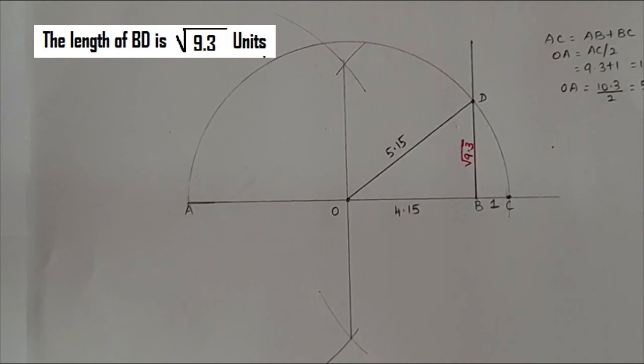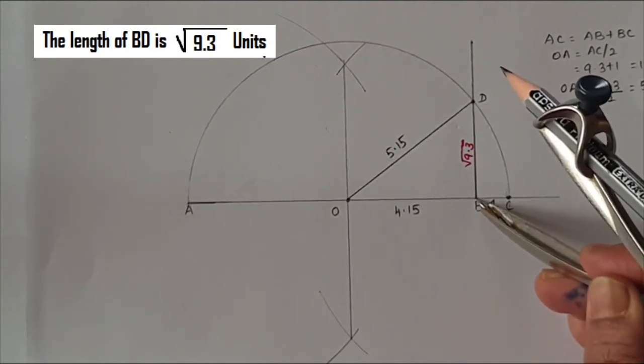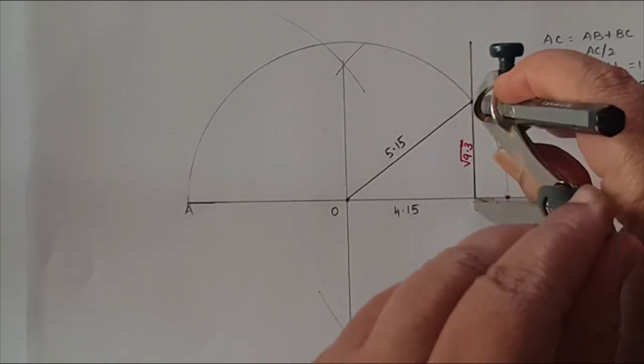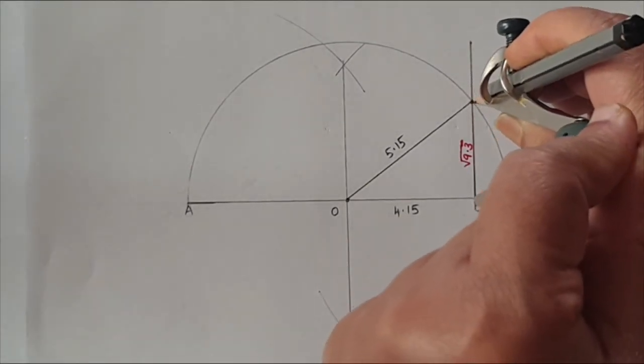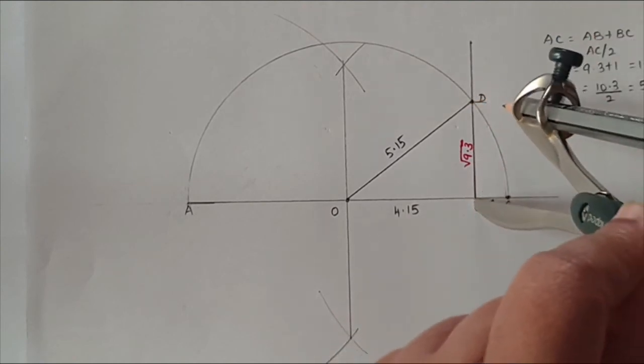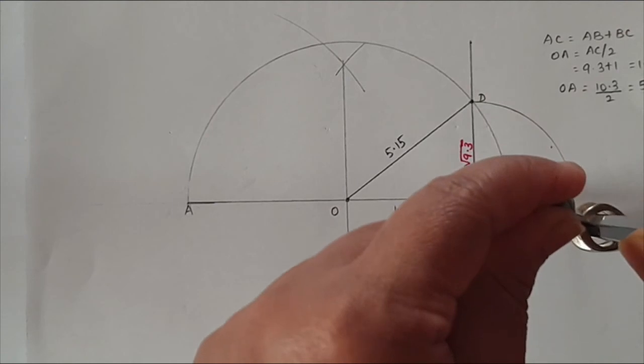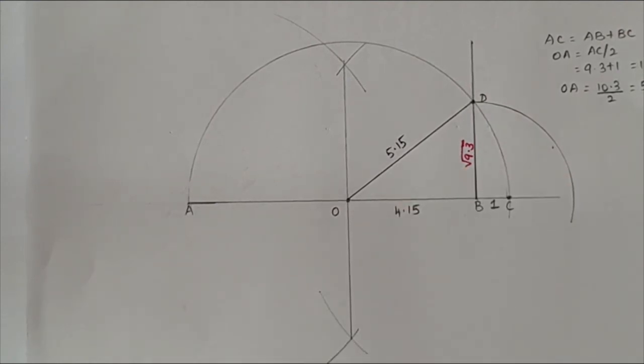Now keep the compass on point B and take length BD. Cut an arc on the number line. Now we extend this line.